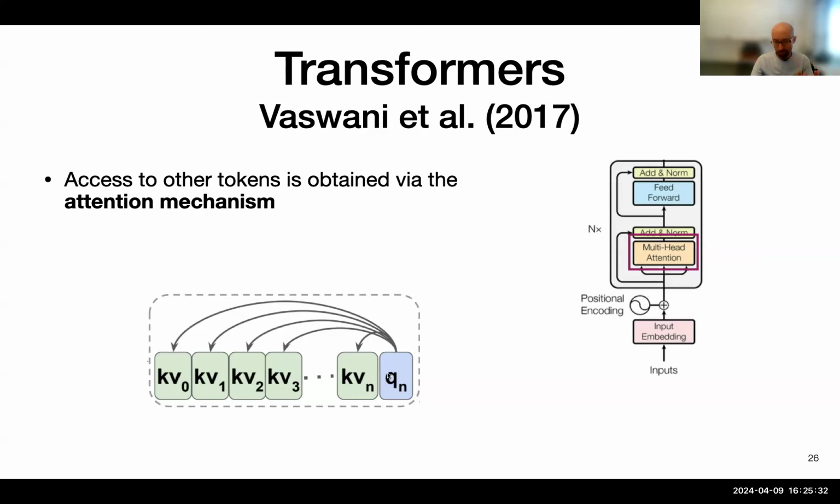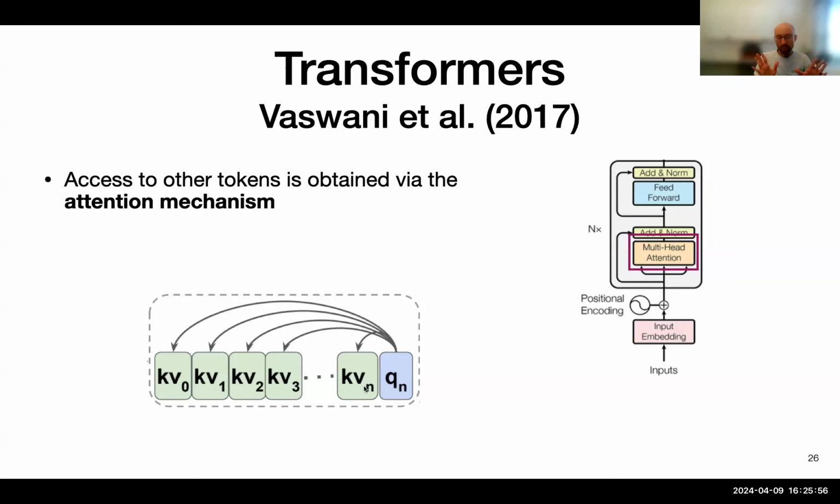So if we're now working with token n, then we attend to all the different tokens from 0 up to n inclusive. And this gives us potentially the ability to model long range dependencies and reach information from previous parts of the document much faster.